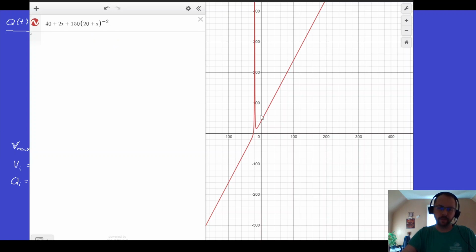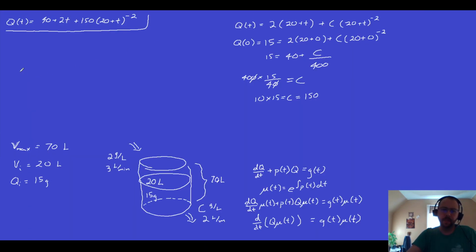This is a graph of our solution starting at time 0, because anything before time 0 we weren't trying to think about, and up until the point when the tank fills. The question is, at what time does the tank fill? So the tank fills when the volume is equal to 70.